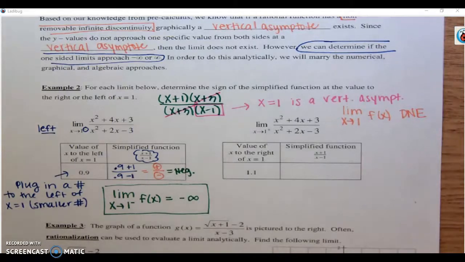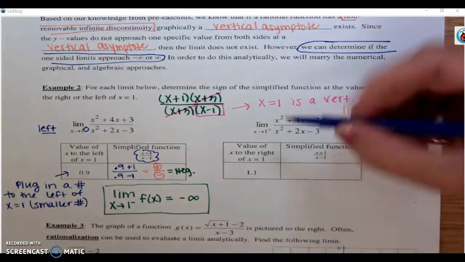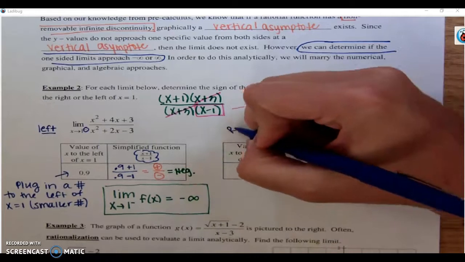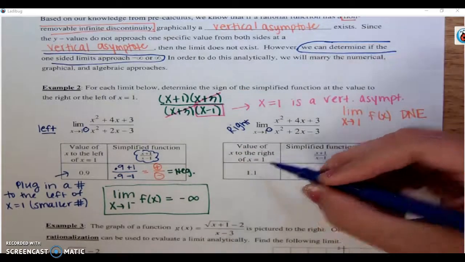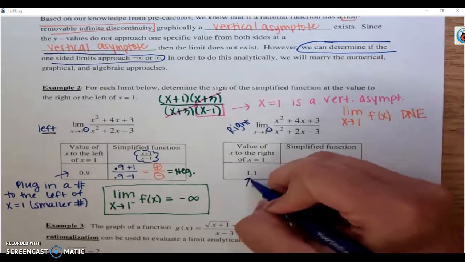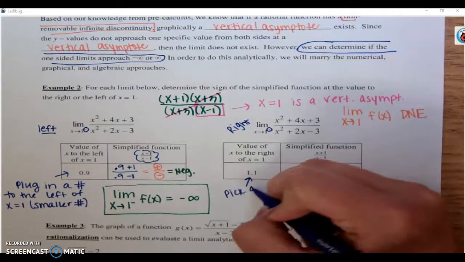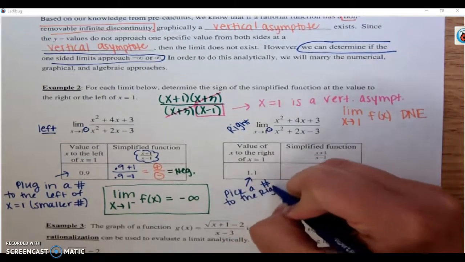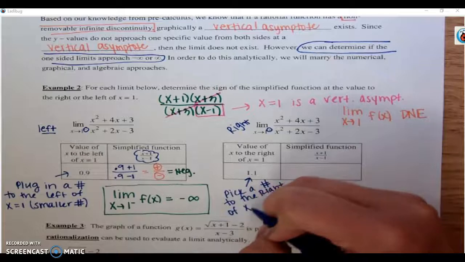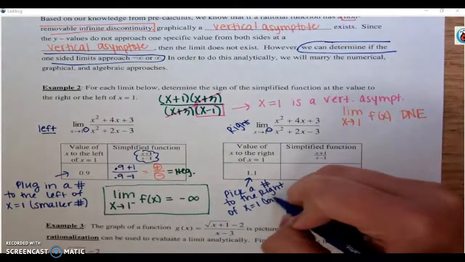Then when you do the right side, the limit as x approaches 1 from the right, we're doing the same thing. You're going to pick a number to the right of x equals 1, so a bigger number.